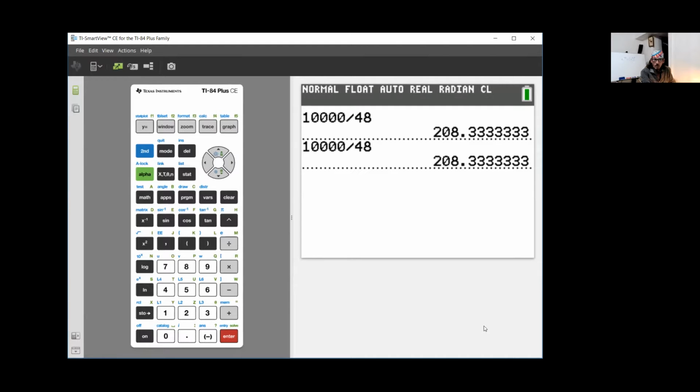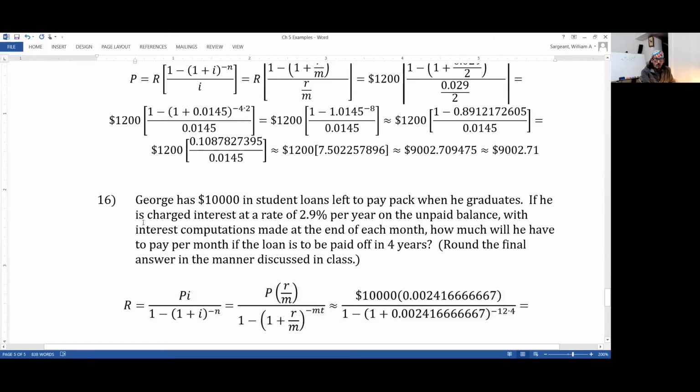The formula for amortizations is almost as if we have multiplied both sides of this equation by the reciprocal of what I had in the brackets. In fact, I think it's exactly the same. I've replaced the periodic interest rate of little i with r over m, and then n by m times t.